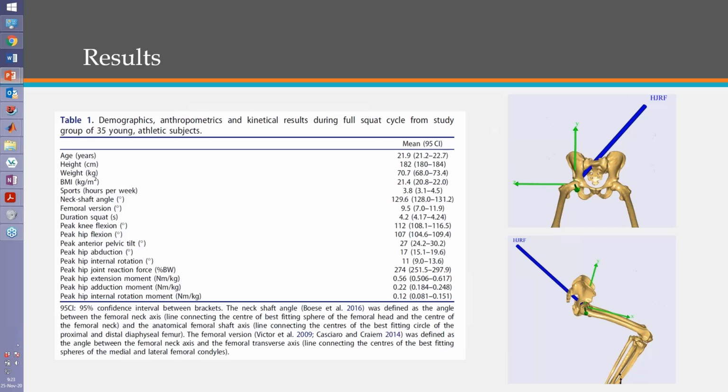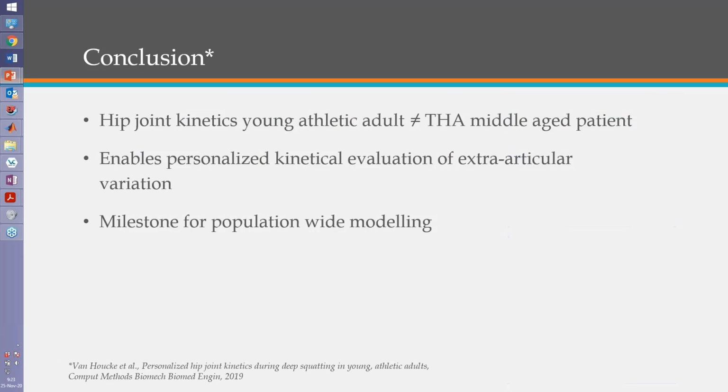Reaction forces of the joint amounted to 247% body weight at a peak hip flexion of 107 degrees. The direction of the hip joint reaction force was typically in a posterior medial direction in relation to the acetabulum. So we can conclude that the hip joint kinematics do differ in these young healthy adults.